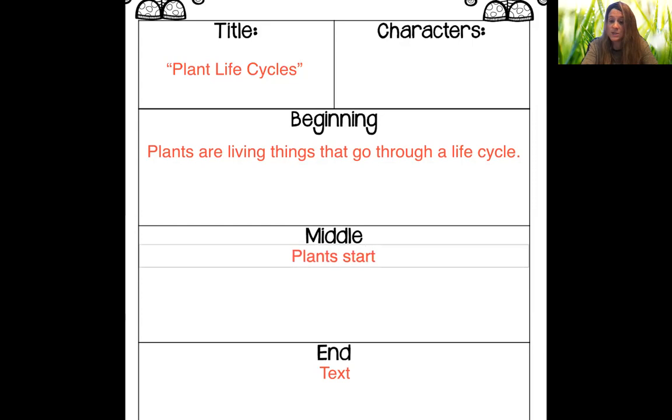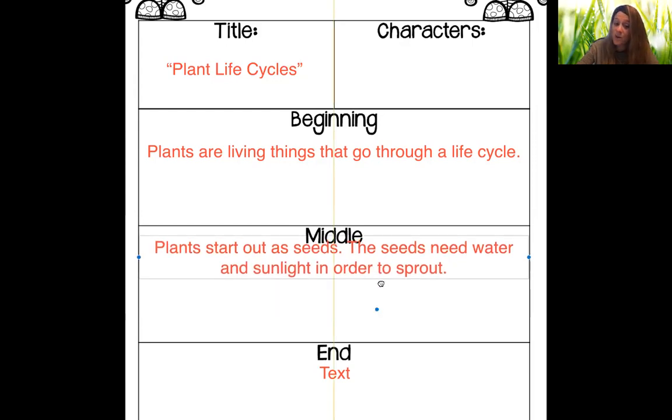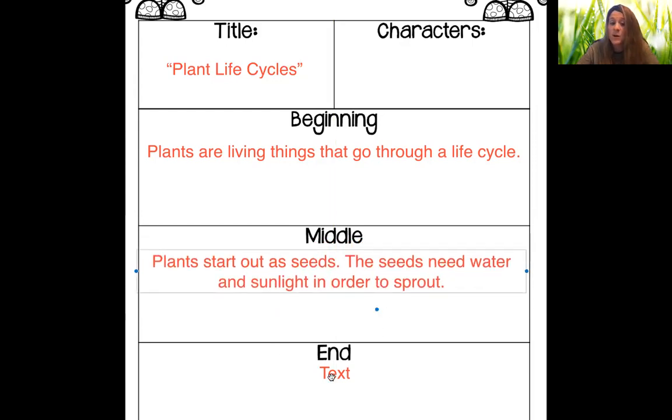Plants start out as seeds. Good. And the seeds need water and sunlight in order to sprout. Good job. In order to sprout, which is how they start to grow, okay? So they need those in order to grow.